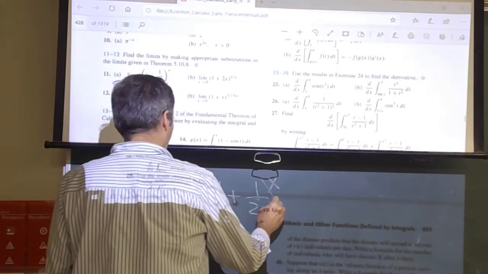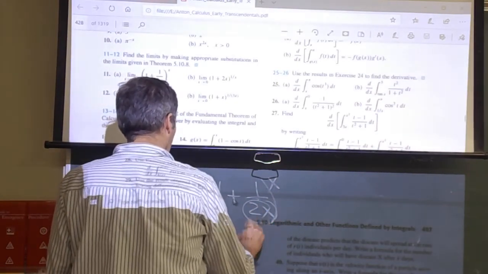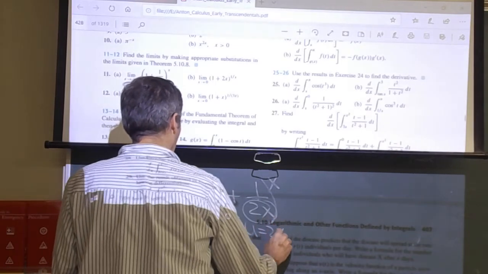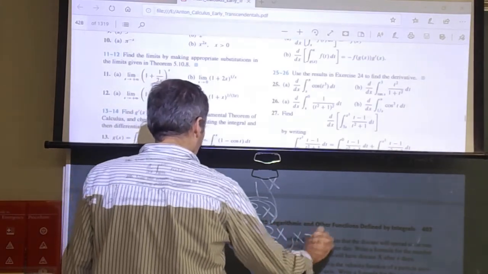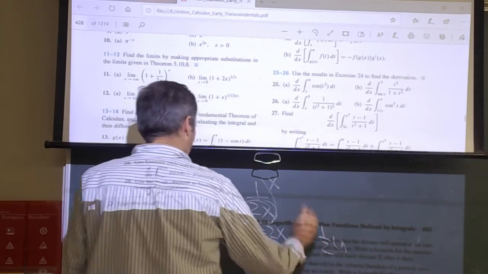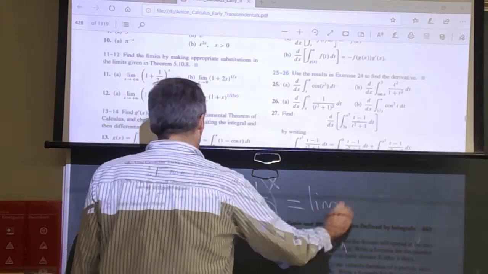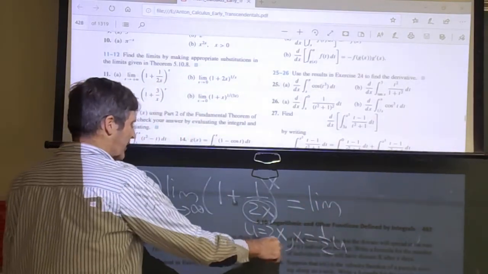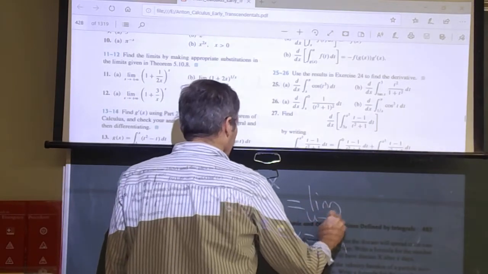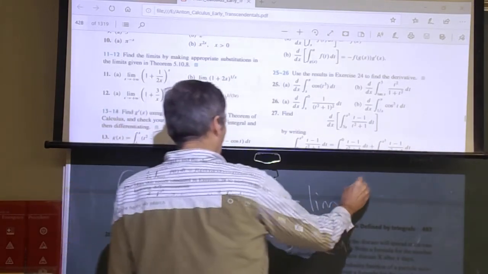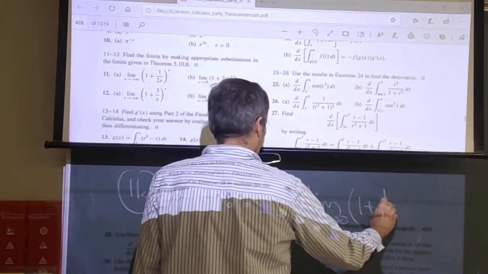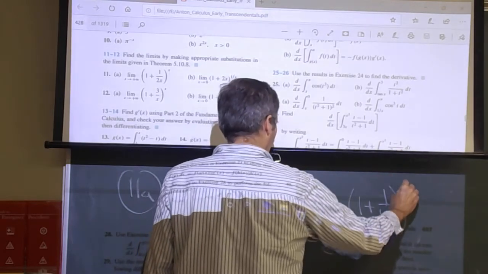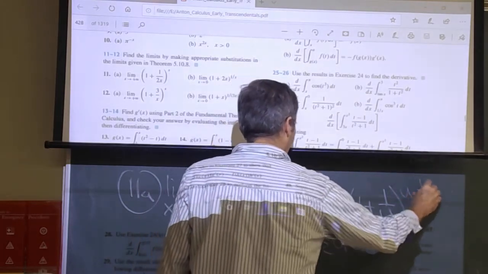If I substitute u equals 2x, then x equals 1/2 u. I could rewrite this as the limit, as x goes to infinity, u equals 2x also goes to infinity. So I'll write it as the limit as u goes to infinity of (1 plus 1 over u) to the 1/2 u. I'll write it u times 1/2.